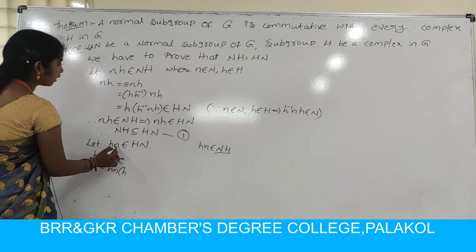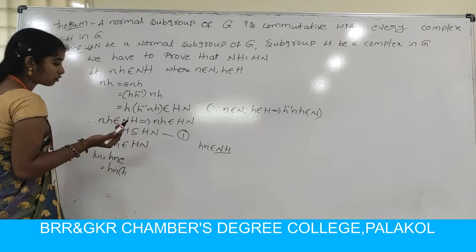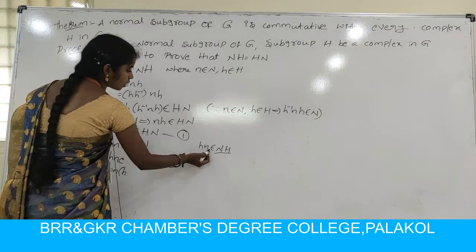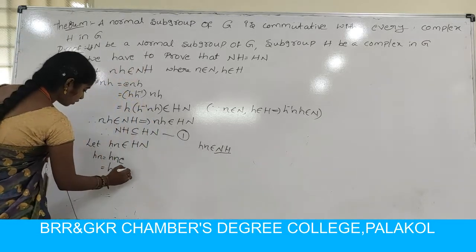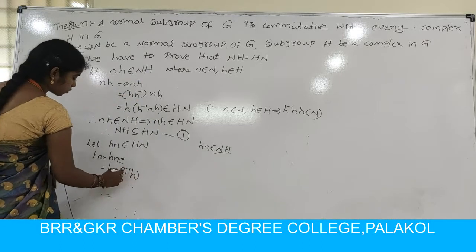So let us consider hn belonging to HN. We have to show that hn belongs to NH. So h inverse into h value is e, the identity element. Changing the brackets, (h n h inverse) into h.